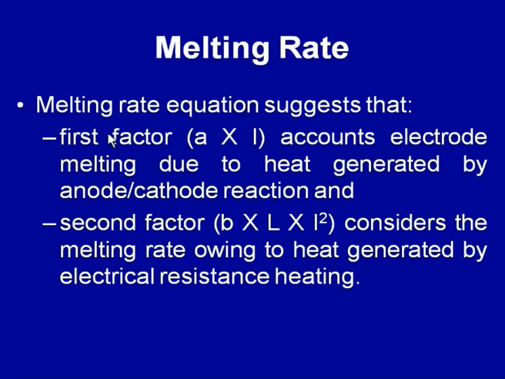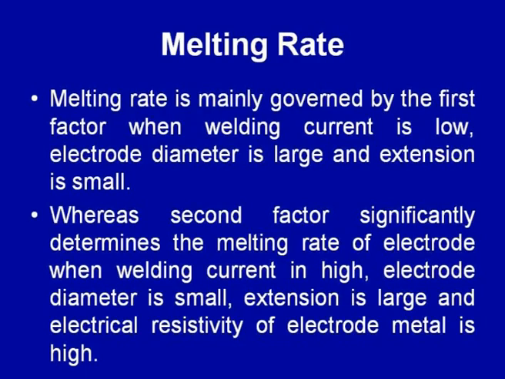For welding processes which use a small diameter and a high current, the second factor significantly governs the melting rate, while for welding processes which use large diameter electrodes and low resistivity, that is high conductivity, electrode materials, the first factor significantly affects the melting rate. So, based on the kind of electrode material, the electrode size, the electrode extension and the welding currents being used, the relative influence of the two varies significantly.